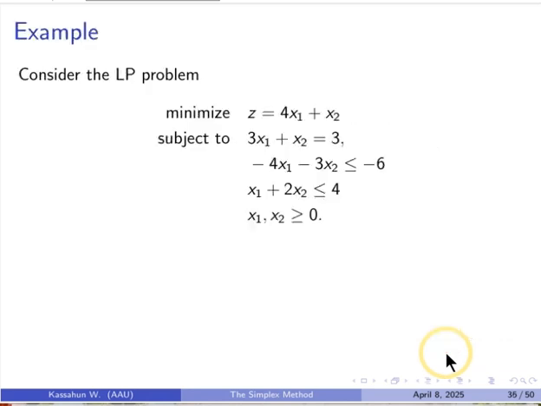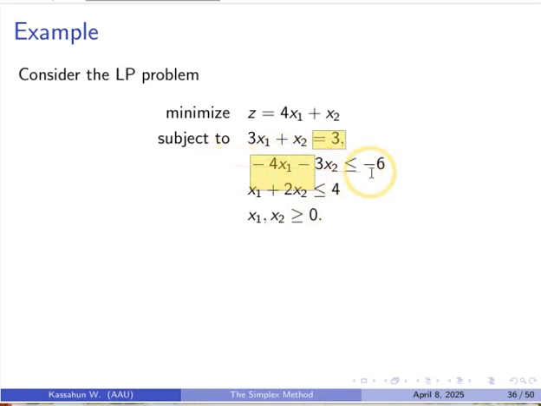Okay, now for example, here if you add a slack variable, so plus s1, here you have s2, but here we don't have one, so what do we do? In this case, this is less than or equal to, and the right side is negative, so you have to convert this to positive.